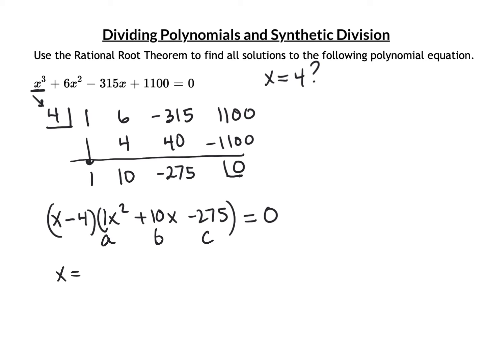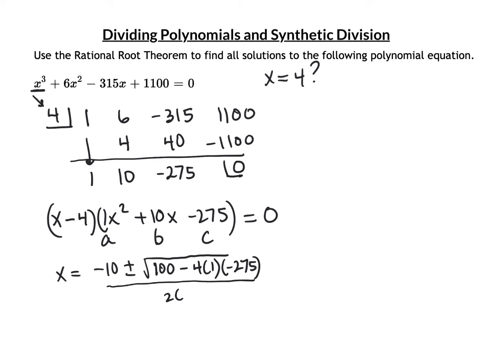And x equals the opposite of b, -10, plus or minus the square root of b squared, that's 100, minus 4 times a times c, all over 2 times a.